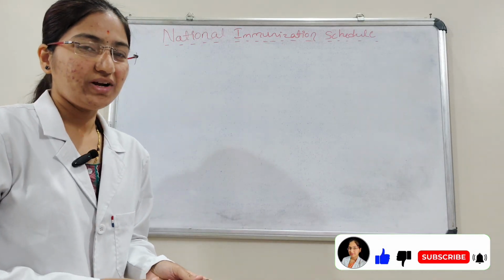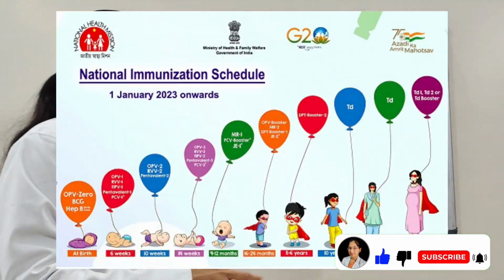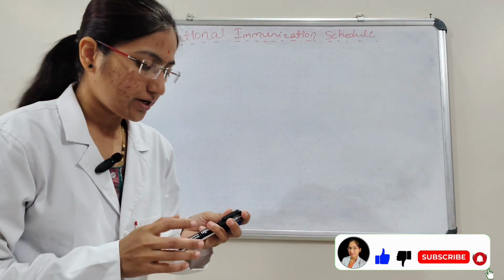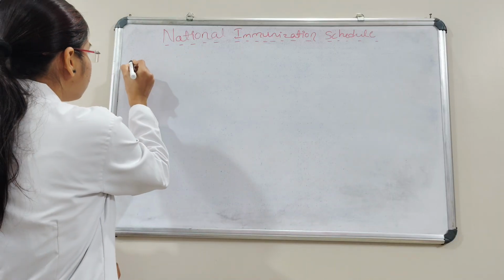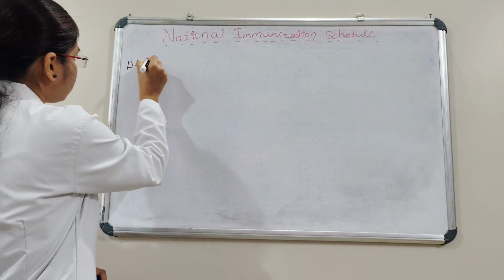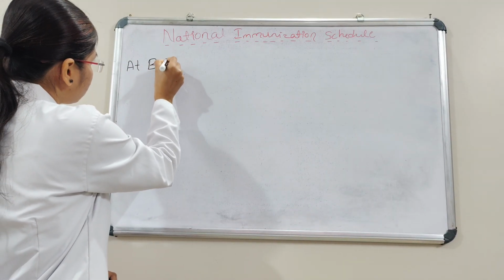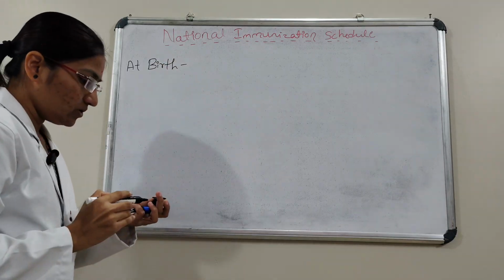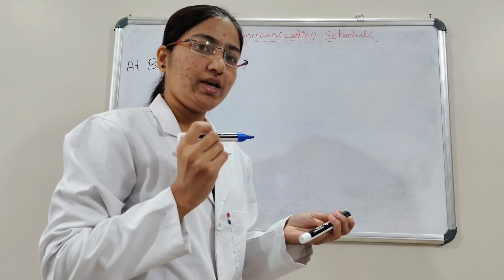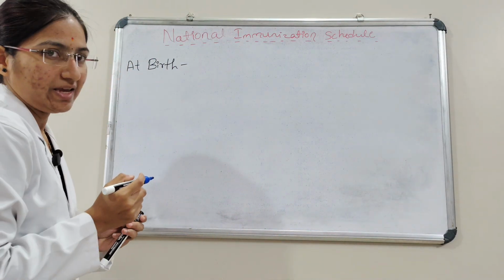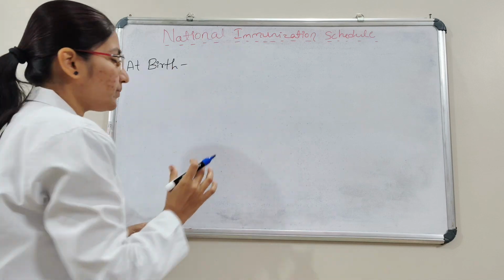In this class, we'll discuss the National Immunization Schedule, which is very important. First, we'll see at birth. At birth, what all the vaccines have to be given for a baby or infant.